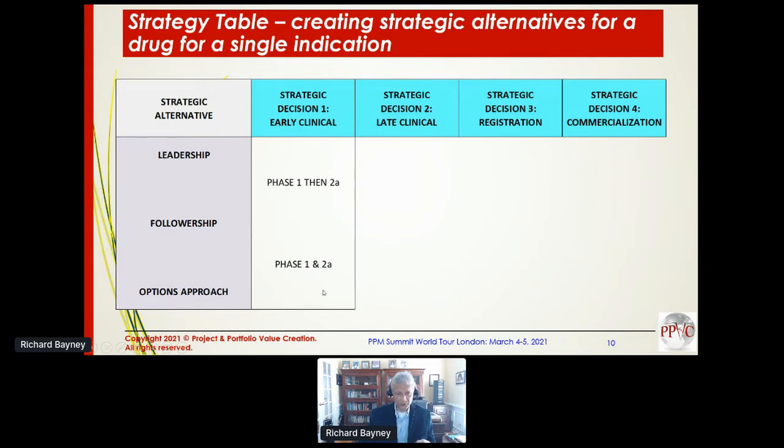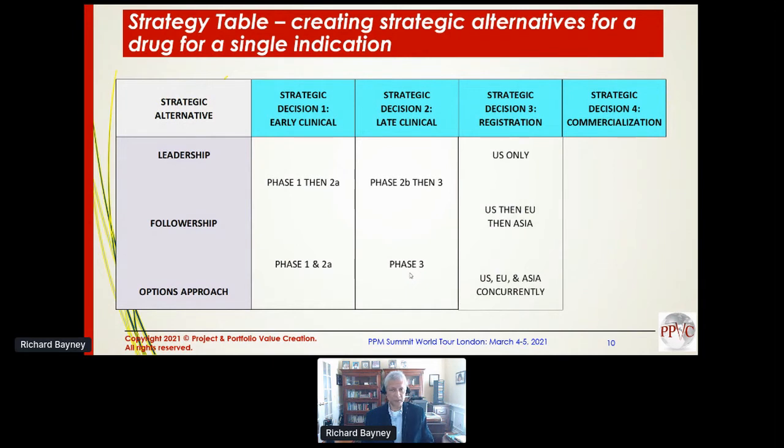Those are the only 2 strategic options that the organization is willing to consider, or that the project team is willing to consider. Clearly, there are others. Late clinical, something similar to what we saw before. Sequentially conduct phase 2B, then phase 3, or jump straight into phase 3.